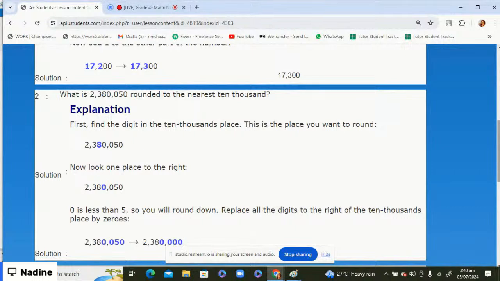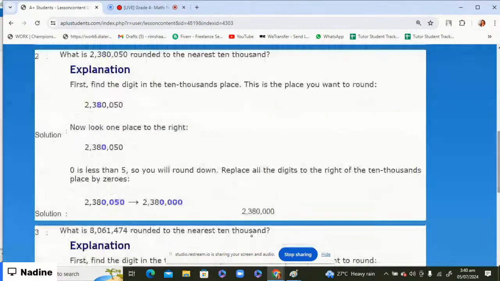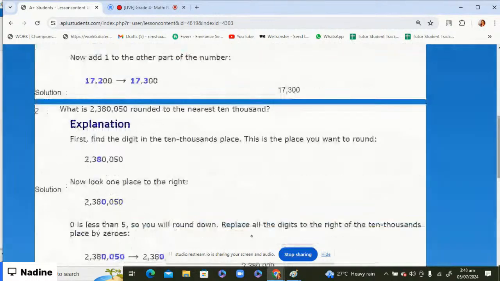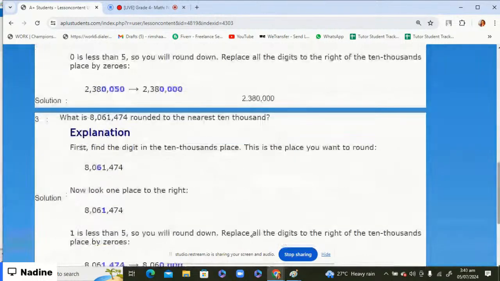You are going to round out 8, but you check the number next to it, which is 0. It means that it's less than 5. So when it's less than 5, your number stays the same, like 2, 3, 8, and then 0, 0, 0.